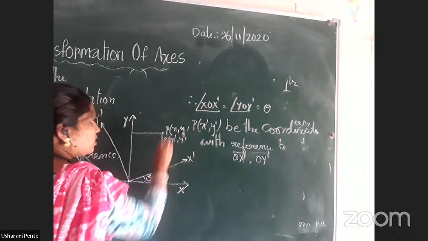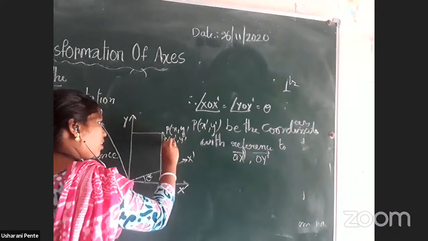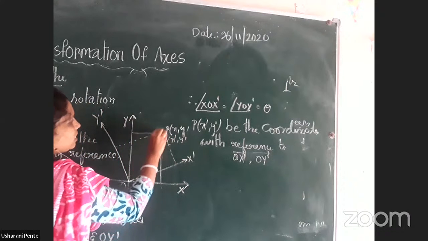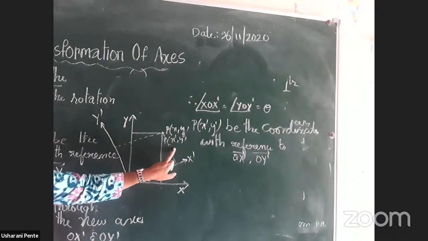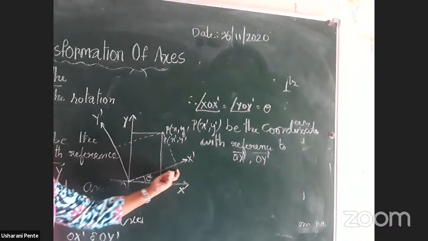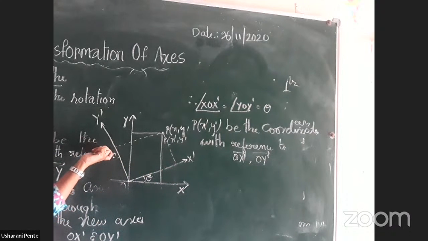These are the new coordinates which are formed with respect to the new X axis and the new Y axis.